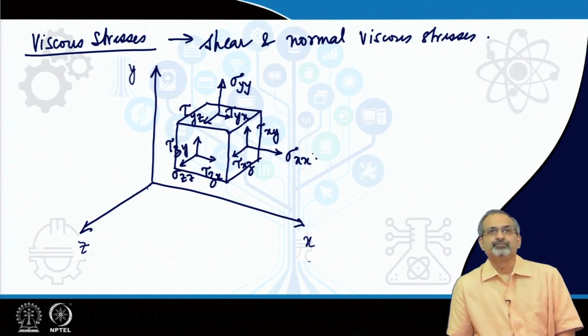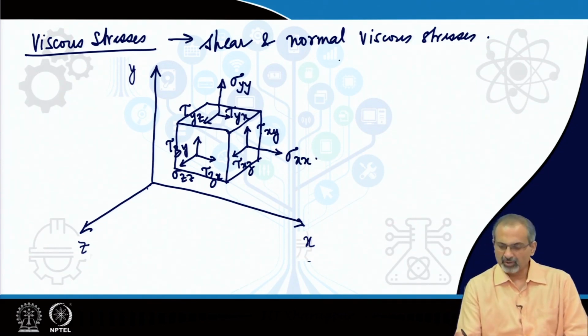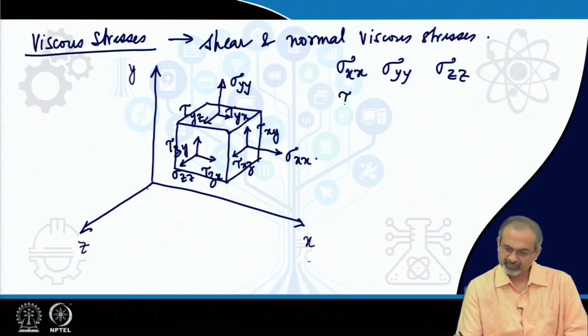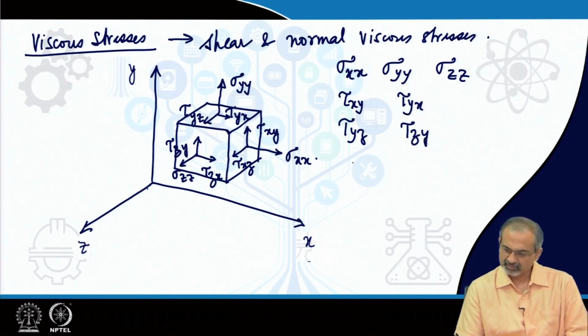So, you see that there are a couple of normal stresses sigma xx, sigma yy, sigma zz, and shear stresses tau xy, tau yx, tau yz, tau zy, tau zx and tau xz.